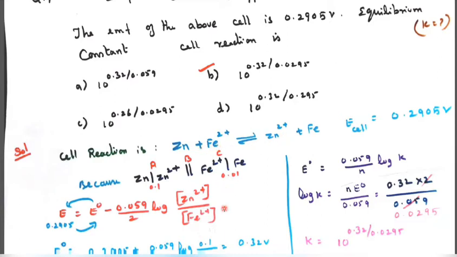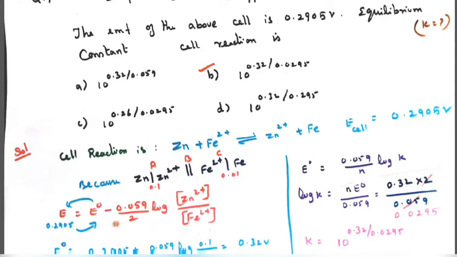Fe and Zn are solids, and the activity of any solid is equal to 1. So product divided by reactant is the Zn2+ concentration divided by the Fe2+ concentration.